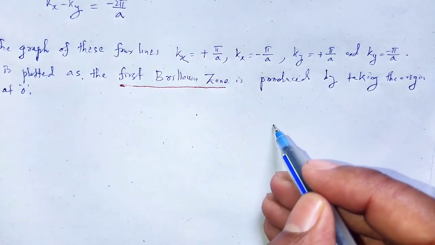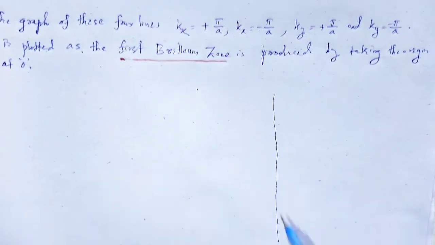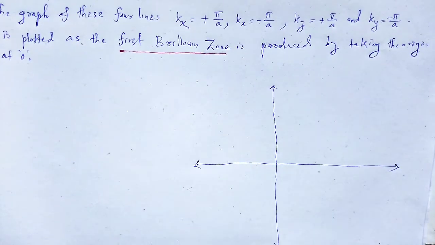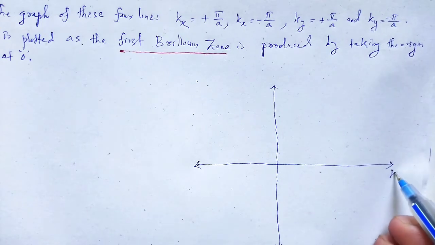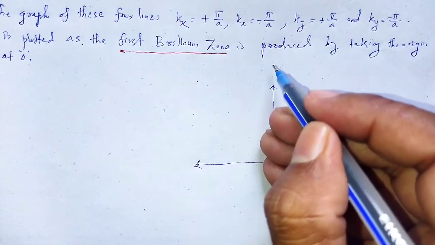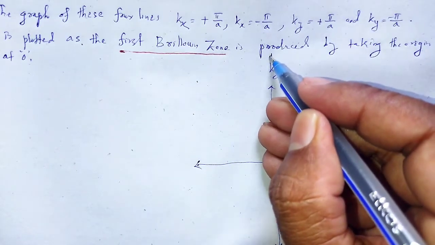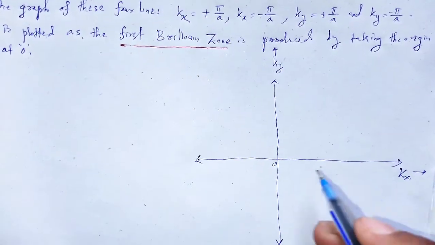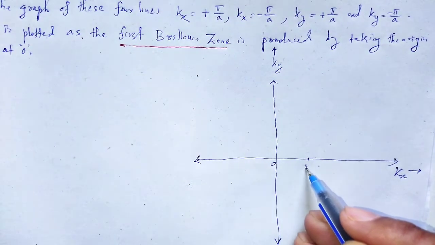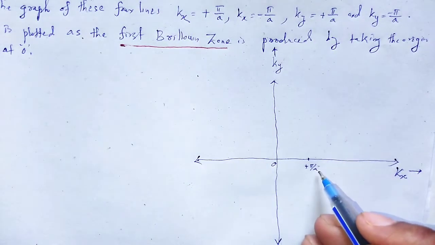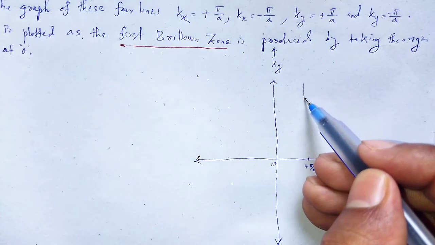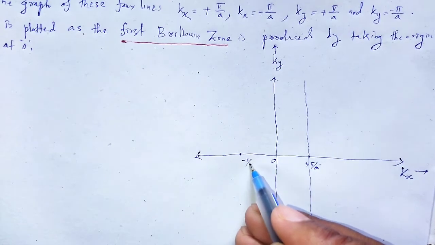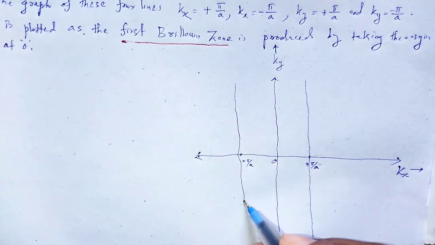How do we construct it? Let's see a figure. In the x axis kx, in the y axis ky, and the origin. First, kx is equal to plus pi by a, at plus pi by a the plane is drawn. Next, at minus pi by a another plane is drawn.